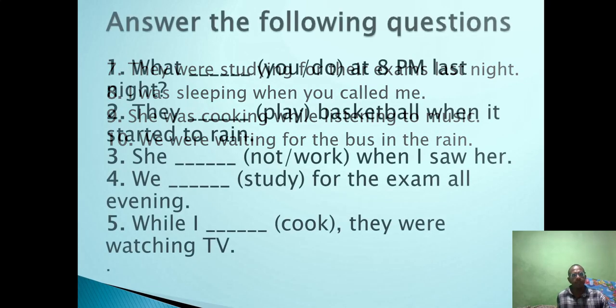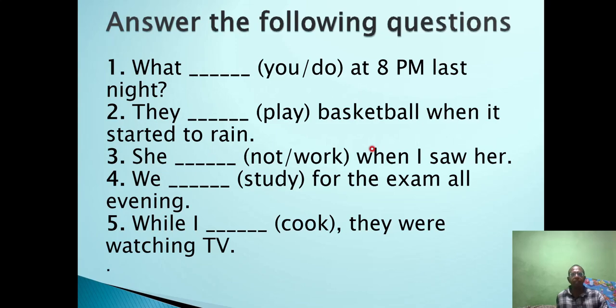Having this in mind, try to listen to or read these questions and give an answer for them. Answer the following questions, says the instruction. Number one, what blank bracket you slash do at 8 p.m. last night?